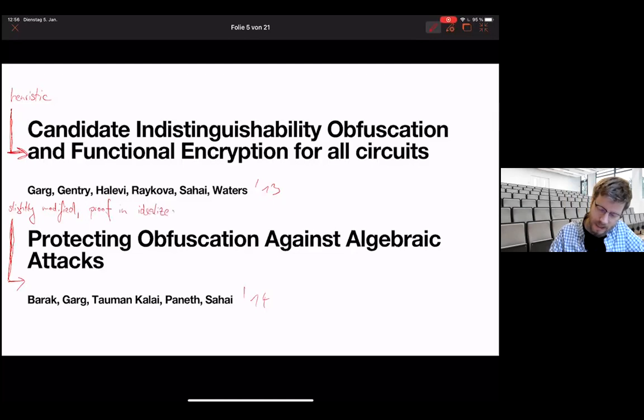And when I say idealized model, you should think of something like the random oracle model. So the actual idealized model that's being used here is the so-called ideal multilinear map model, where the multilinear group itself is only accessible via some kind of an oracle.